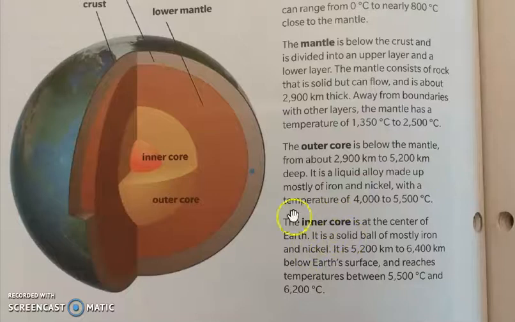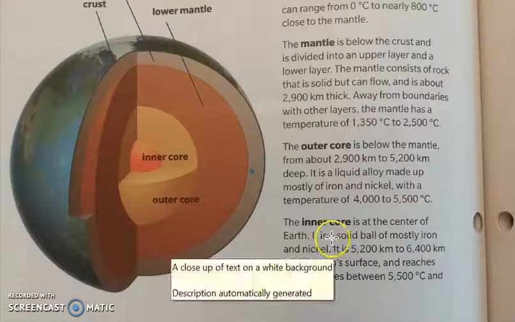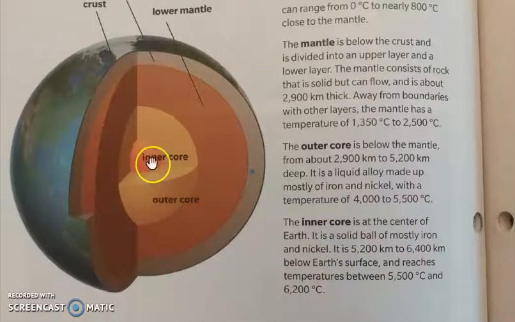And finally, the inner core, this little orange thing that looks like the sun here, it's the center of the Earth. It's a solid ball of mostly iron and nickel. Interesting that it is solid. It is no longer liquidy here. I think what you'll find is that because there's so much pressure on that middle part, it makes it solid.